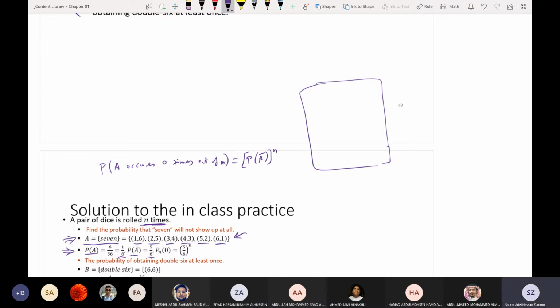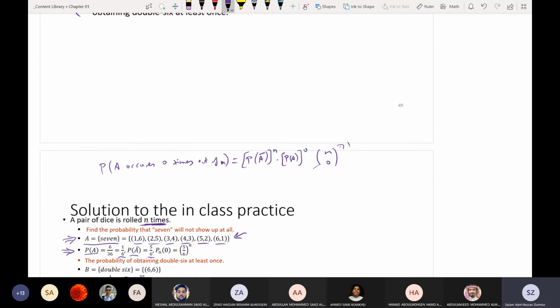Because 0 times, it doesn't happen, multiplied by the probability of A to the power 0, multiplied by n choose 0.